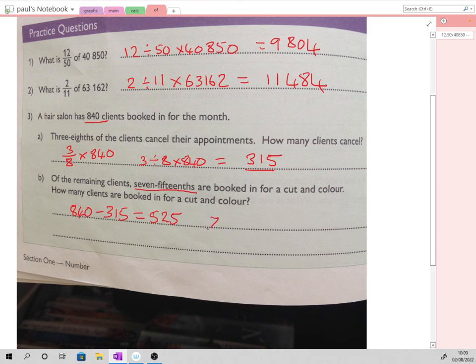So 7/15 times 525, which is going to be 7 divided by 15 times 525. I wonder what that is. 7 divided by 15 times 525 is 245. That was a busy hairdresser, isn't it?